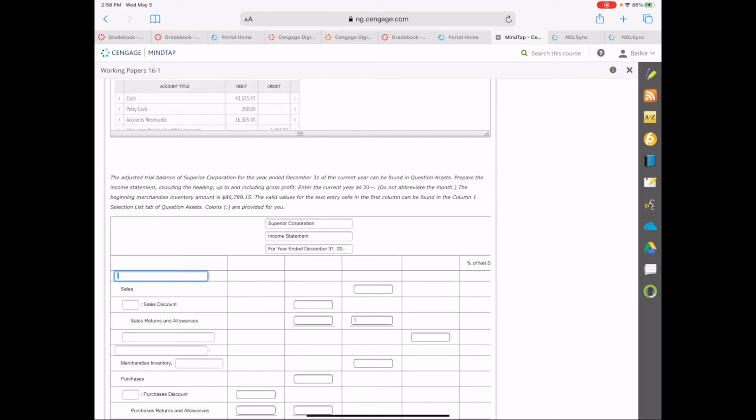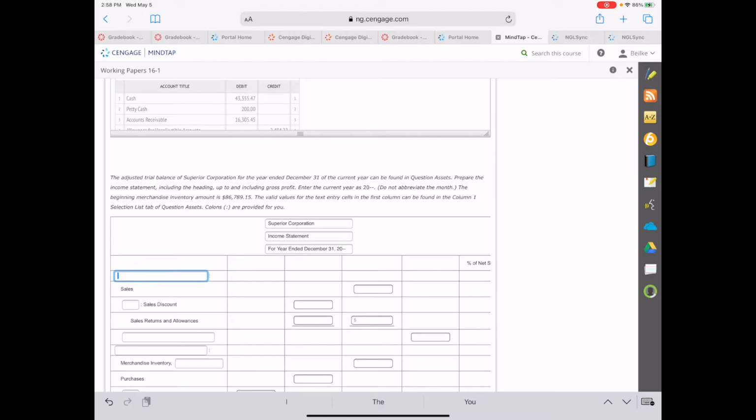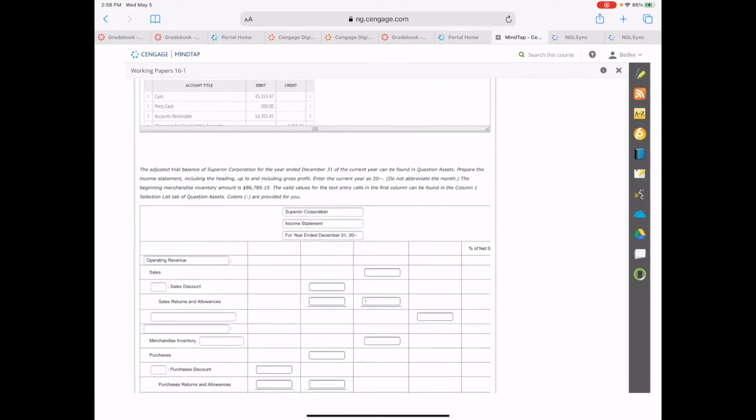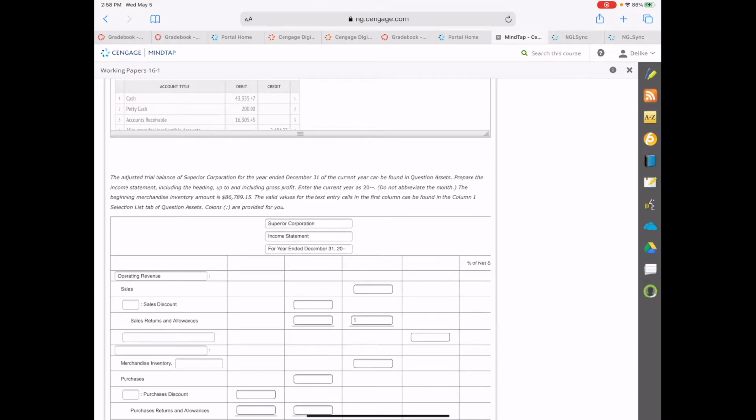All right, so our first section that we're going to prepare is operating revenue. Okay, and our first part of our operating revenue is sales.